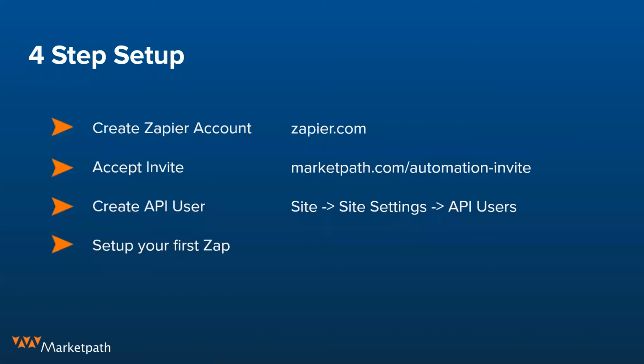It's kind of a four-step process to get things set up in Marketpath CMS. Again, I'm going to walk through this in just a minute, but just a high-level overview is that you have to create your Zapier account, of course, and then you have to accept an invite right now, because our integration with them is, according to Zapier, technically in dev mode, but you have to reach a certain number of users before it gets out of that mode.